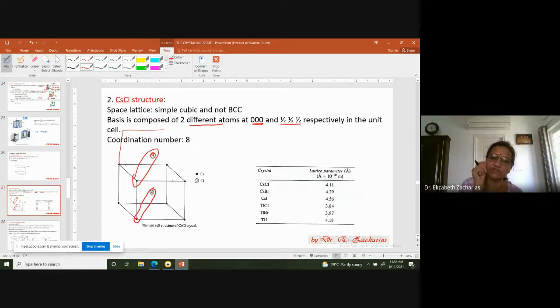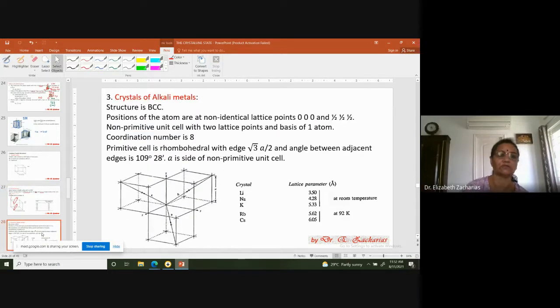So associated with every lattice point, there is a basis consisting of one Cs and one Cl. So the structure is not BCC, the structure is simple cubic. These are some mistakes that your books would have made at your school level and preliminary level. Once you come to crystallography, you have to unlearn all those mistakes.